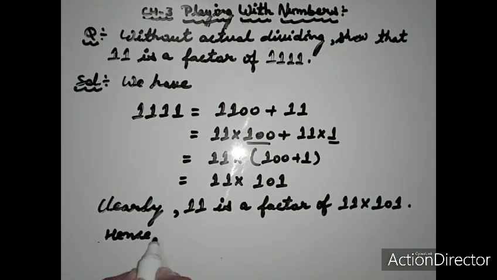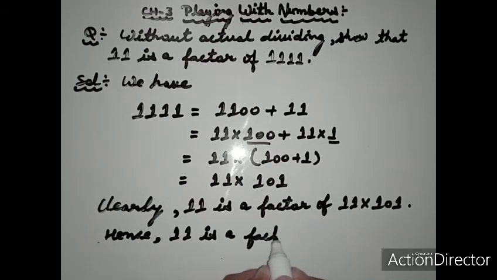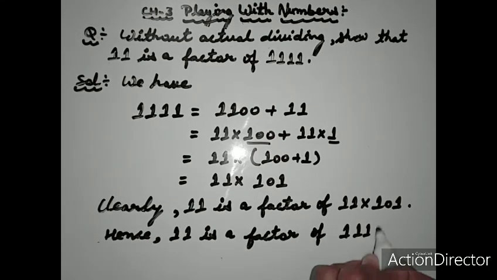So hence 11 is a factor of 1,111. So dear students, by using this method you can also check whether a number is a factor of the given number or not.